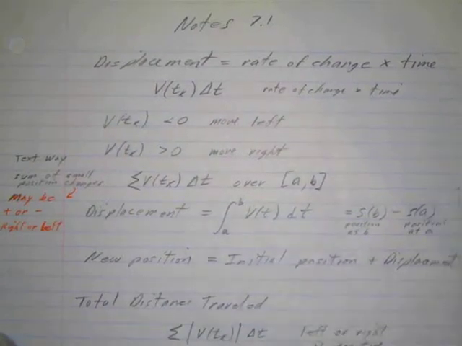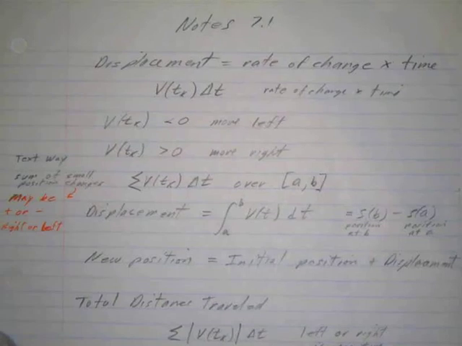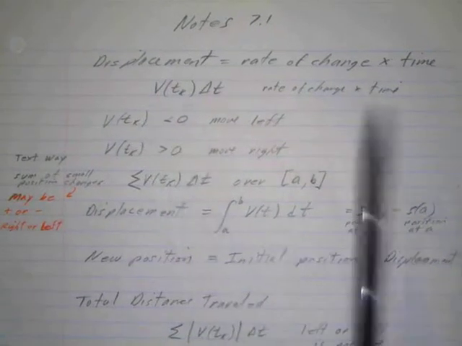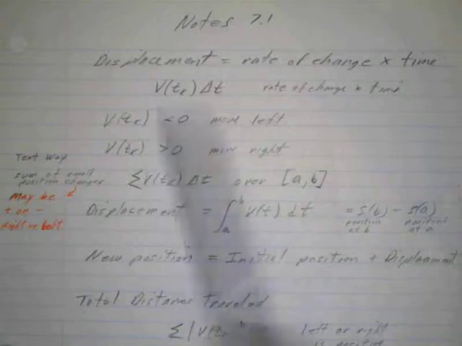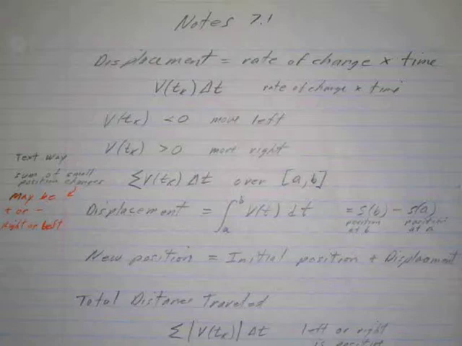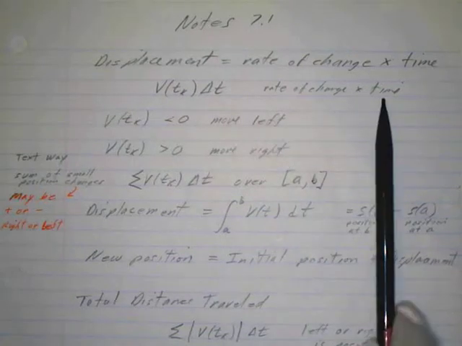In other words, if we're going 2 feet per second times 5 seconds, that's 10 feet. And the seconds cancel. So that gives you kind of a model of what's happening. So the velocity times the change in time gives you the displacement. Okay, the rate of change times the time.